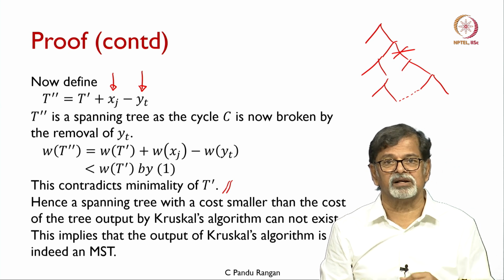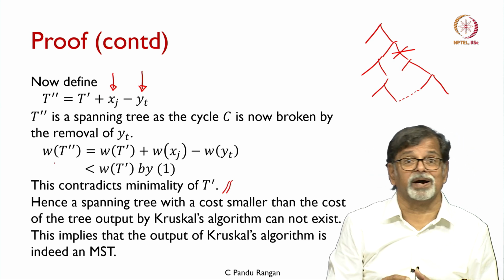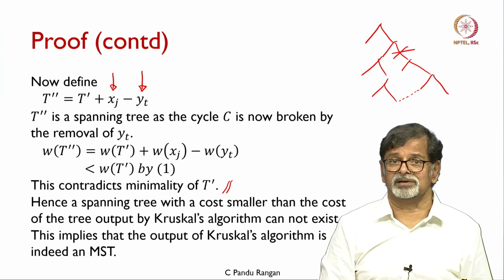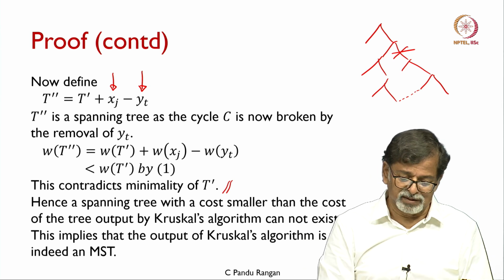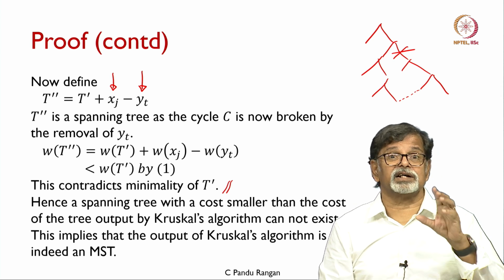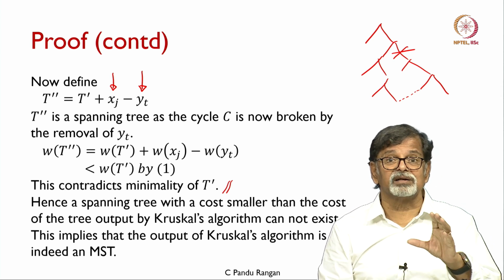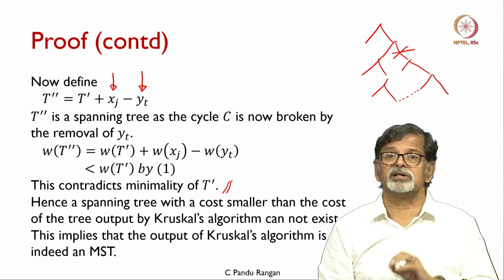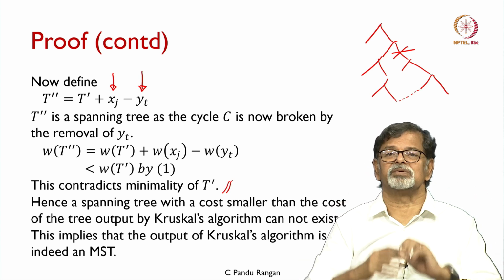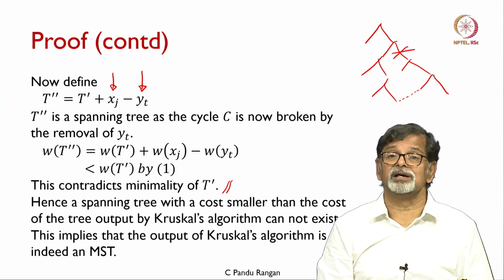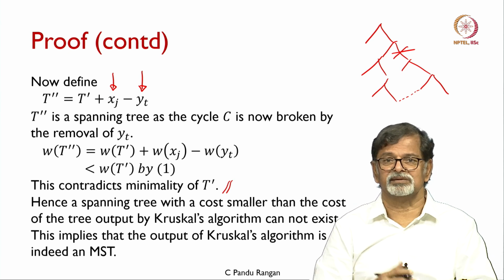This is what I mentioned earlier. I have now a spanning tree which is cheaper than the minimum spanning tree. That is not possible. Therefore, this contradiction shows that a spanning tree with a smaller cost than Kruskal's spanning tree is not possible. That means Kruskal's algorithm is producing a minimum spanning tree.